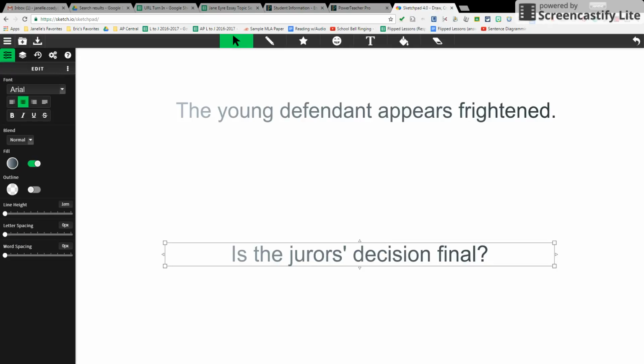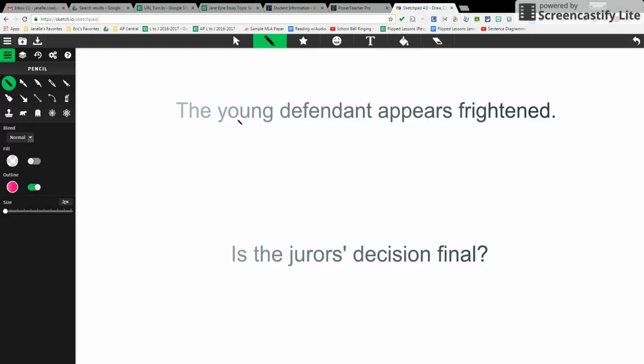Okay, so I have two sentences here, and I decided to use the question one because for some reason, when there's a question, it tends to mess students up. So let's first find the subject and verb. The first one is, the young defendant appears frightened. This sentence is about a defendant, so that's your subject. These two words are going to be adjectives to describe the defendant. Appears.